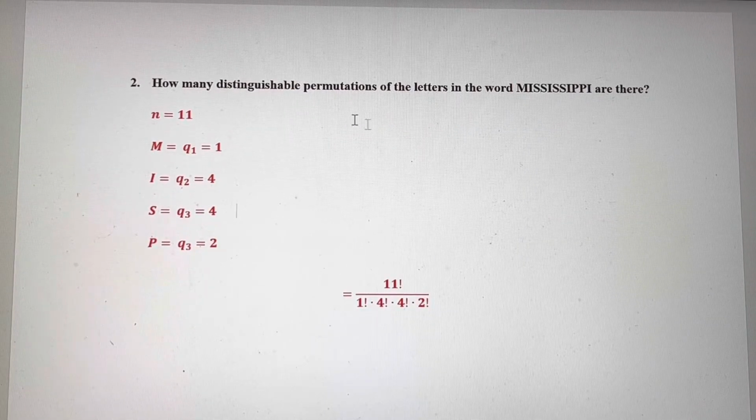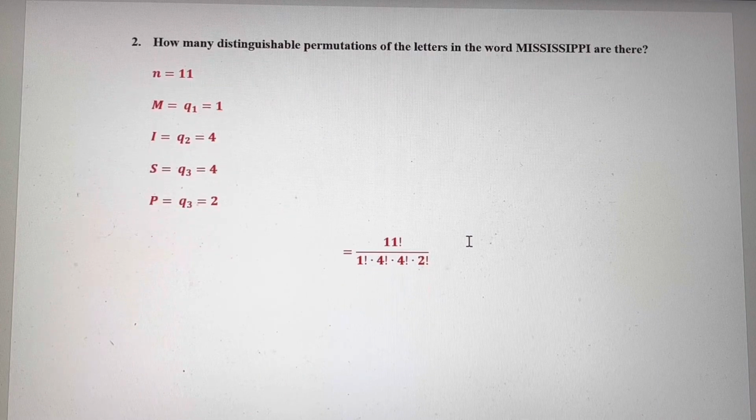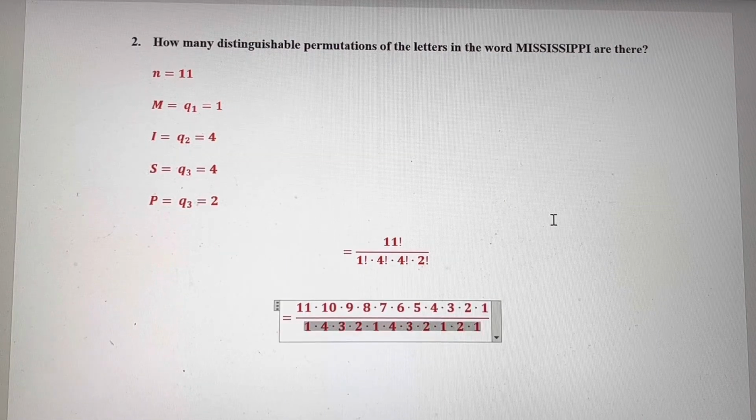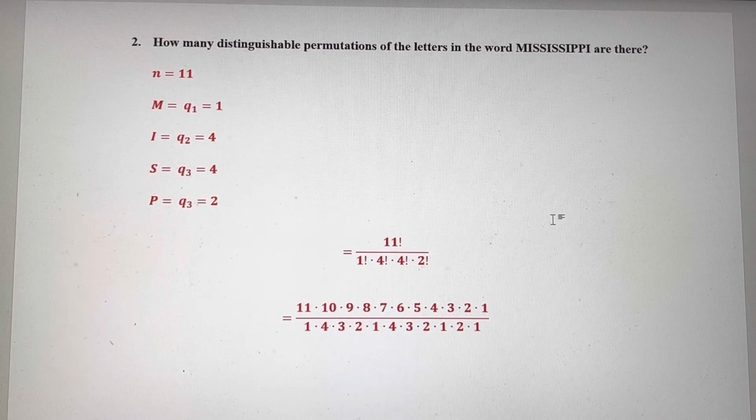So I've got 11 factorial divided by 1 factorial times 4 factorial times 4 factorial times 2 factorial. I'm going to write all these out. So 11 factorial, I wrote it all the way down. You can simplify it like we did earlier with permutations and combinations if you want. And I did the same thing in the denominator, rewriting all these 4 factorials.